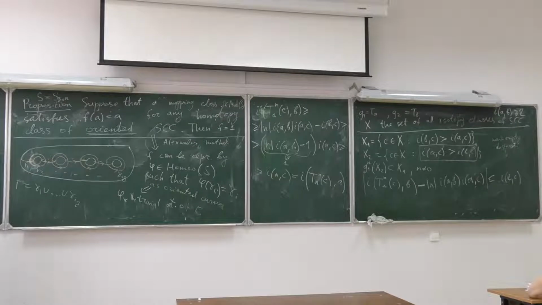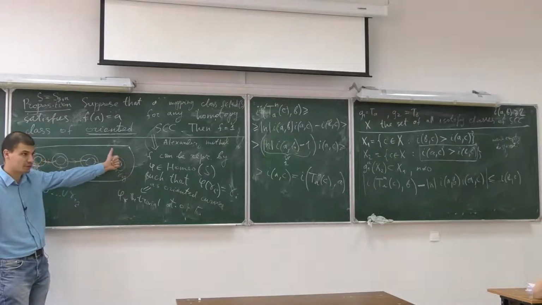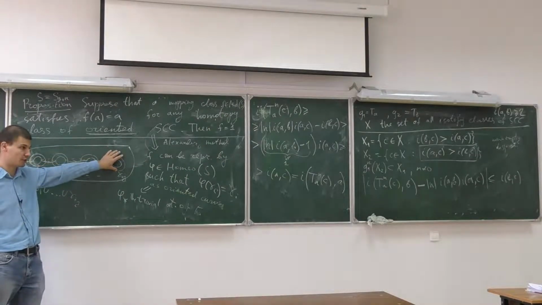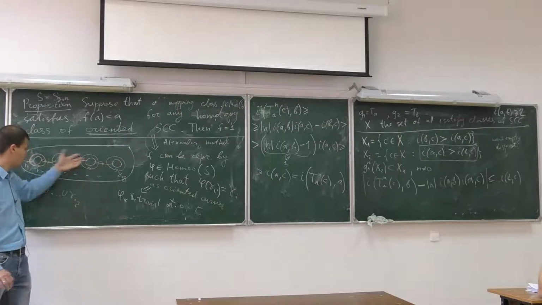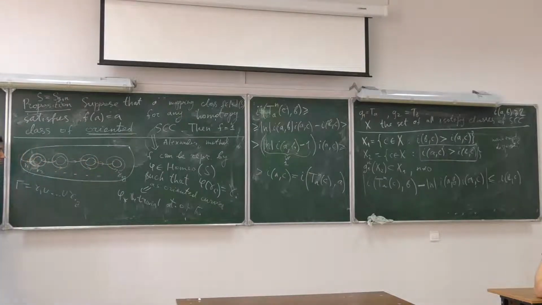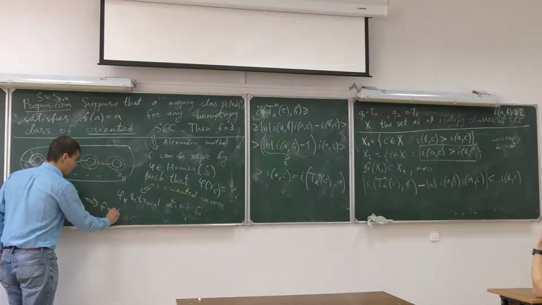And so f is trivial, since we have a unique possibility to extend this trivial homeomorphism on the union of curves to the disk, as we have done last times. Okay.